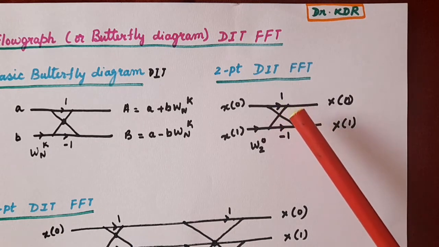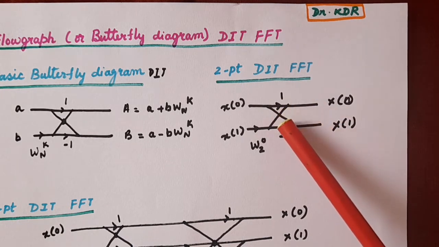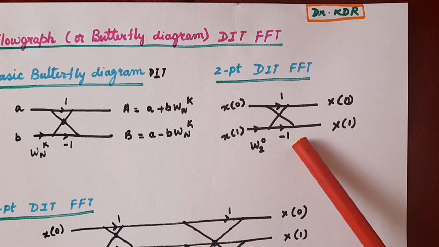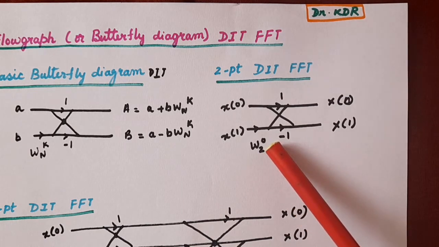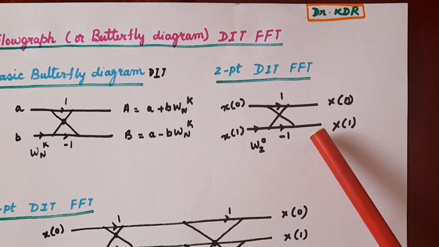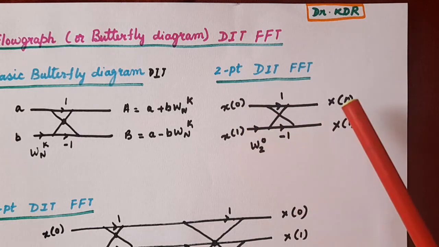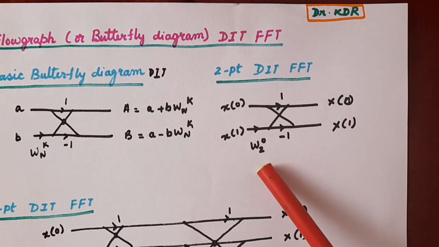Upper line is carrying 1, the lower line is carrying -1. For 2-point DIT, the twiddle factor value is W2 to the power of 0. So this is a 2-point DIT, it is having two inputs, two outputs, and twiddle factor is W2 to the power of 0.